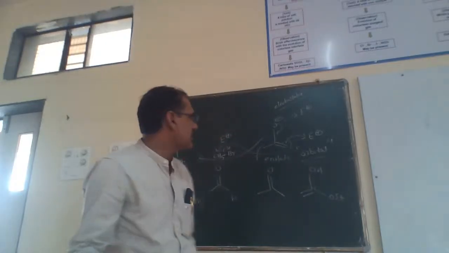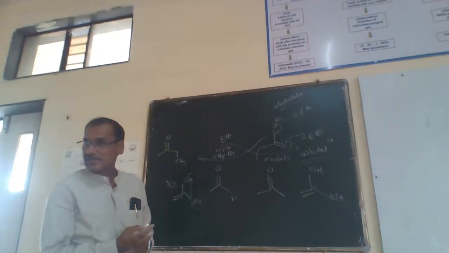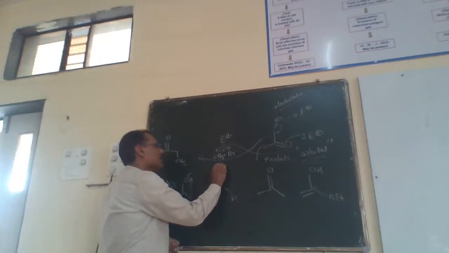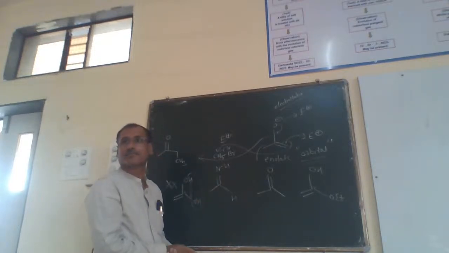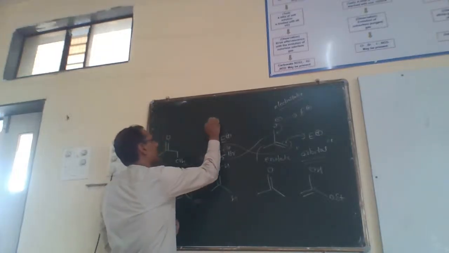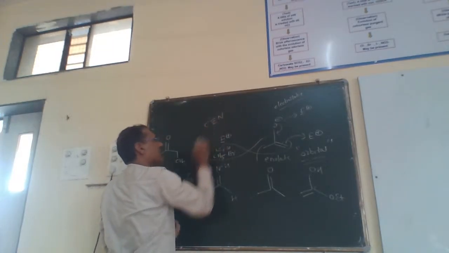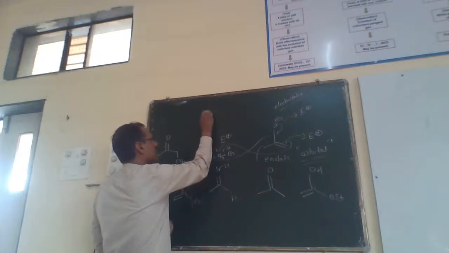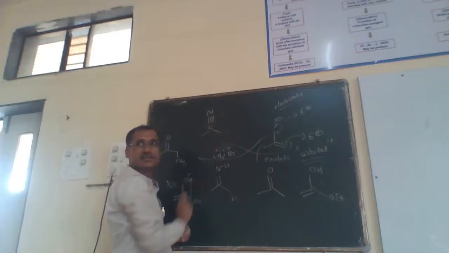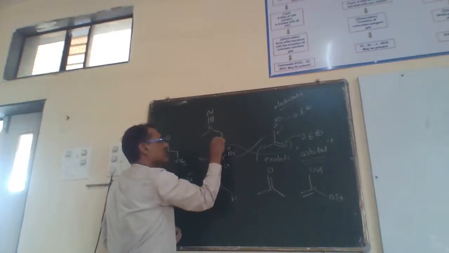Now, it is not necessary that you always have a carbonyl group. What if you have C double bond and H? The same thing will happen. You have C triple bond, and I will write it in the same fashion because we are used to writing the structure likewise, and you have got alpha hydrogen over here.